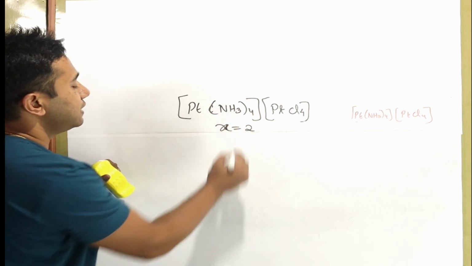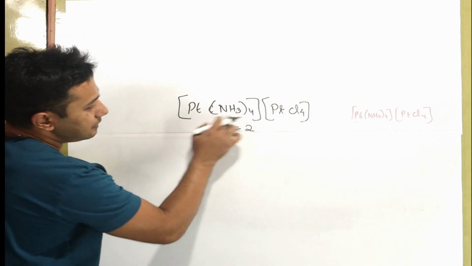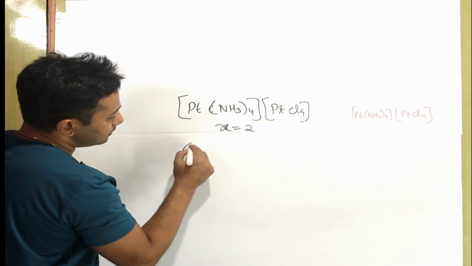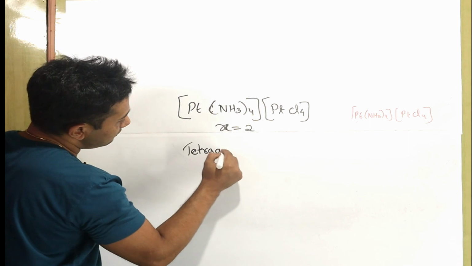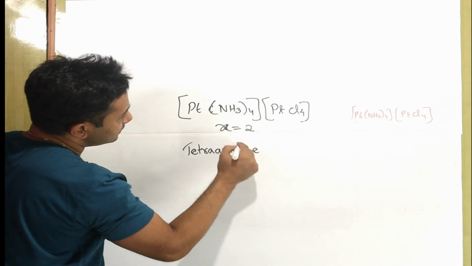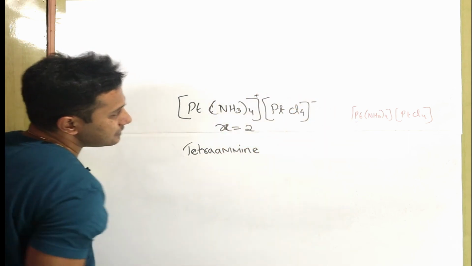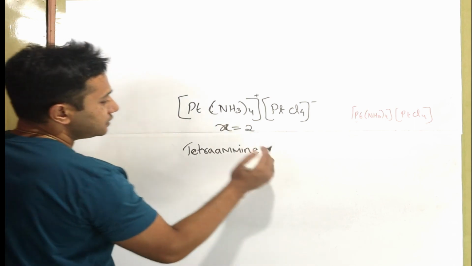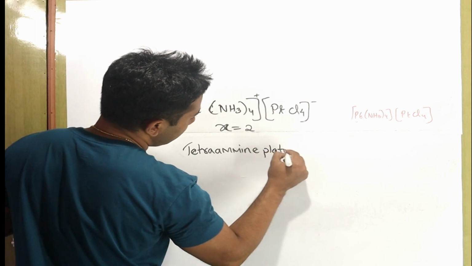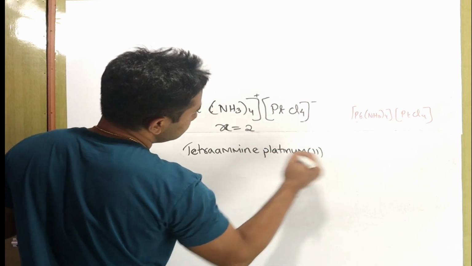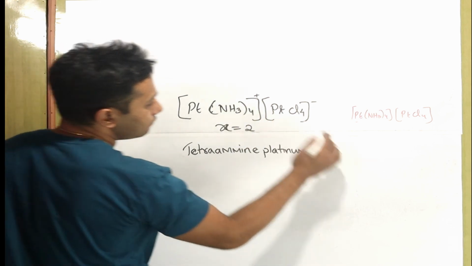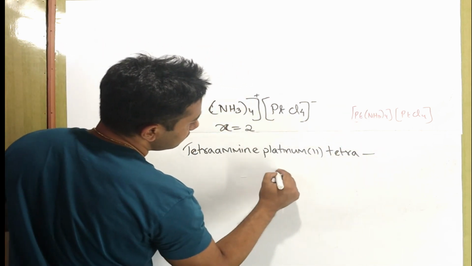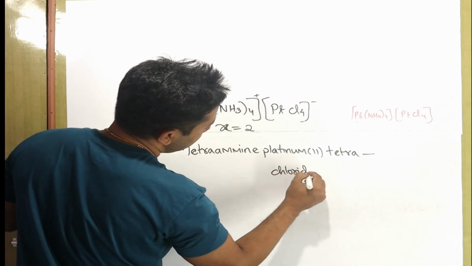So now we shall write the name. So now this is the cationic complex, anionic complex. So there are 4. We shall write tetraamine. We are taking this one as positive, this one as negative. Tetraamine, this will be platinum 2, and then again we have tetrachlorido.